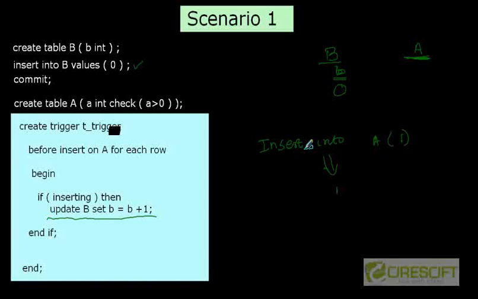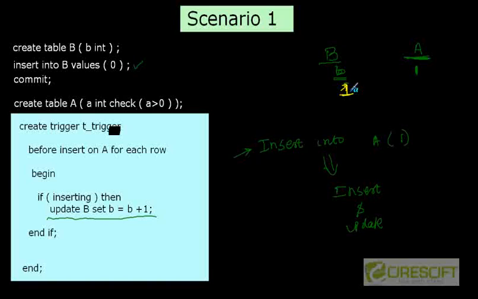So essentially this insert leads to an insert into table A and an update on table B. So 1 is inserted here, and this value becomes 1.